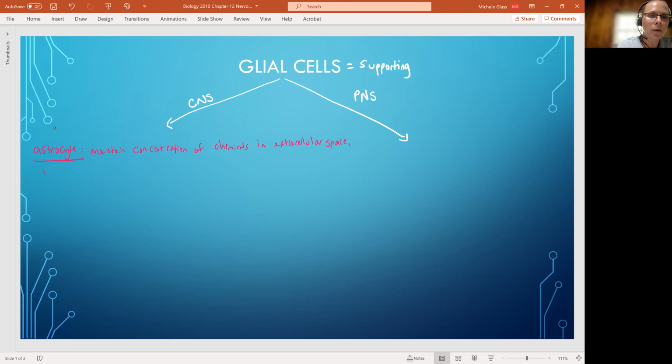It's going to help remove excess signaling molecules.